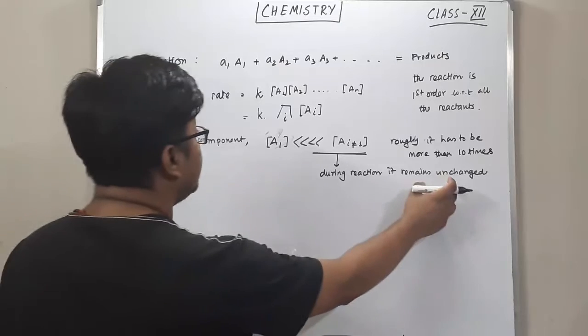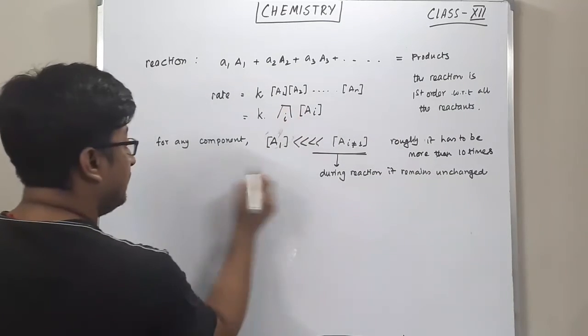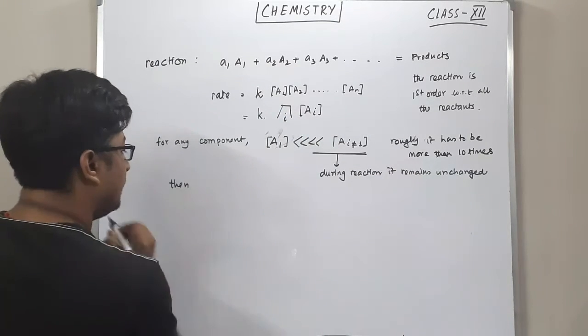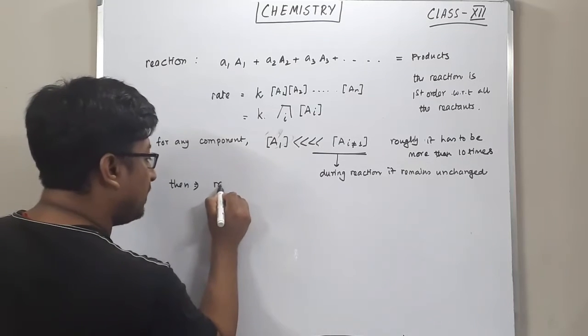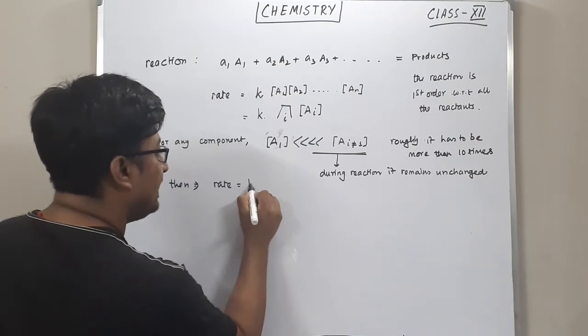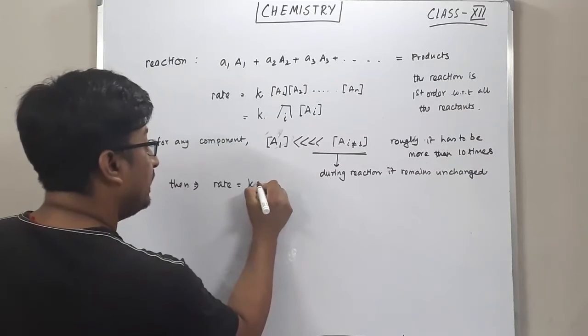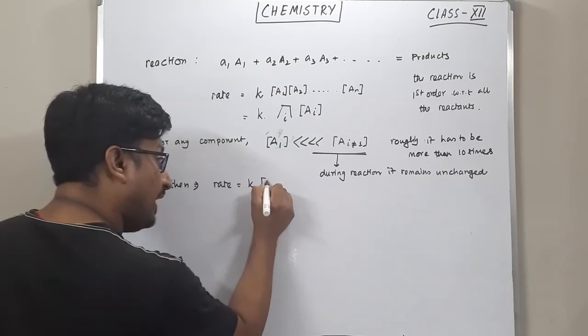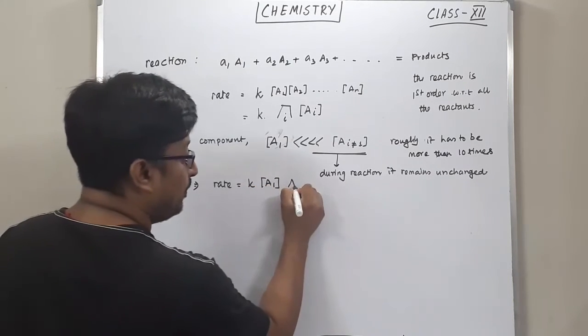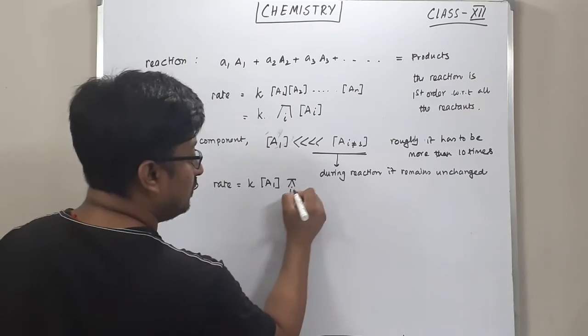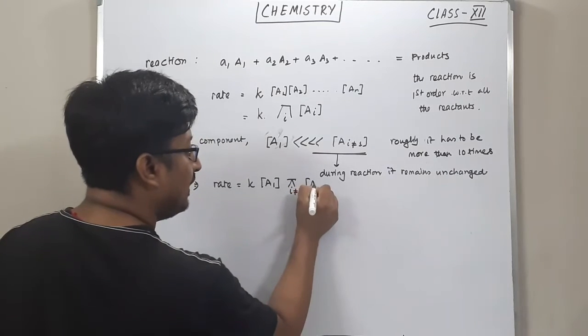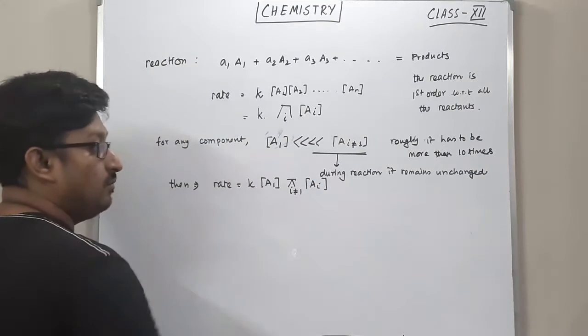Now if this is the case, we can write the rate of the reaction as K into A1 into the product over i not equal to 1 of Ai, all the other components.